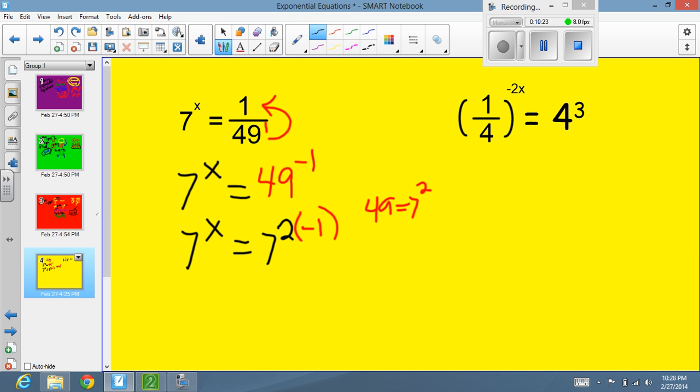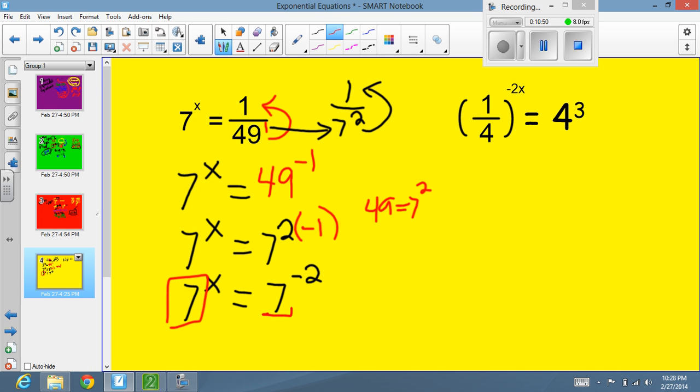So really now what I have is 7 to the x equals 7 to the -2 power. Another way you could look at that up here is 1 over 7 squared, and if you move 7 squared up, it becomes 7 to the -2. So now because I have common bases, I can go ahead and do an equation with my exponents, and x equals -2.